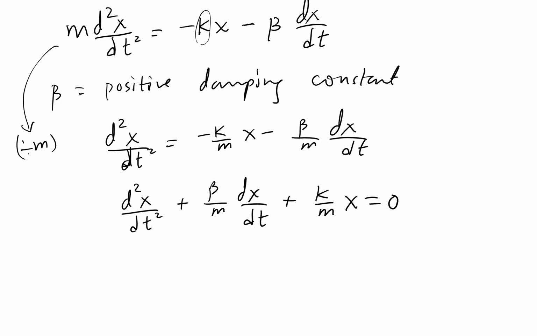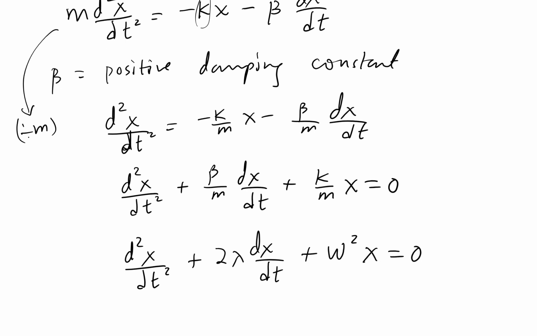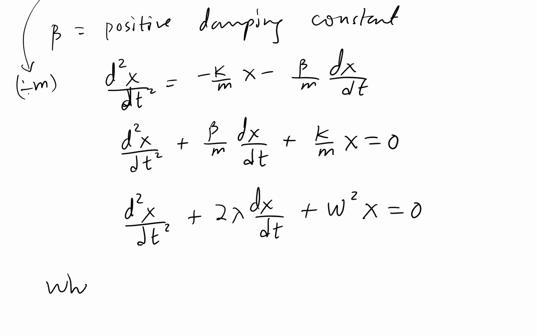For simplicity, I'm going to call beta over m, 2 lambda, and k over m, omega squared, as we did in the previous section. So 2 lambda is beta over m and omega squared is k over m.